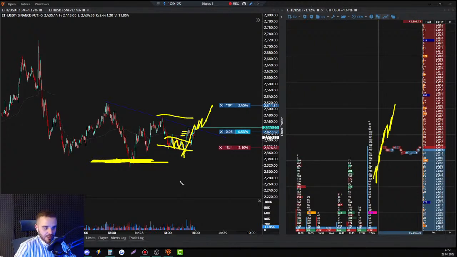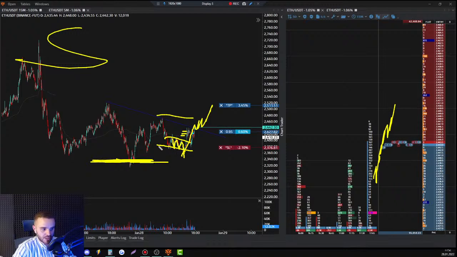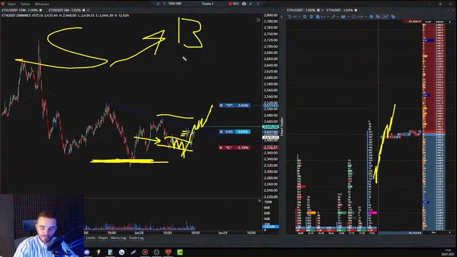What are liquidations? If I open a short in this range, when price liquidates my position or hits my stop loss, I buy back my position.